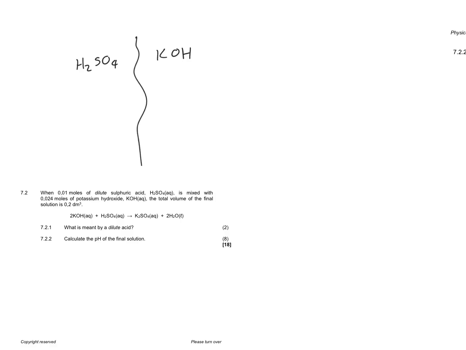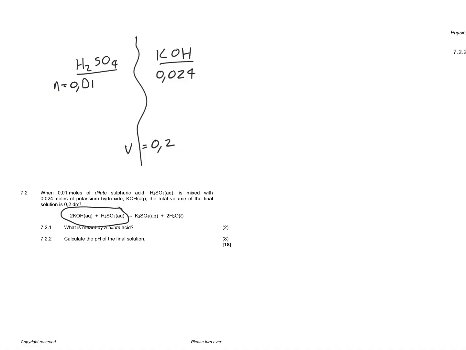We got given 0.01 moles of this one, and it got added to 0.024 moles of potassium hydroxide, and the total volume of the final solution is 0.2 decimeters cubed. So what happened was that these two reacted together, and I need to work out which one is in excess.